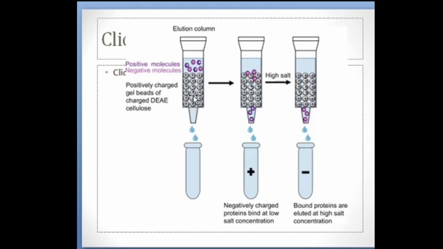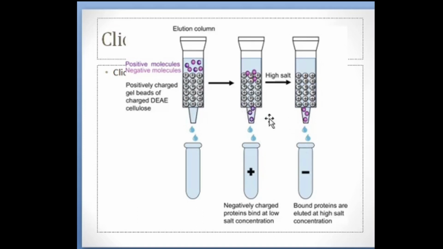Okay, so this is the stationary phase, composed of these positively charged gel beads. Then we apply the sample mixture from the top. Now what happens is, in the sample mixture, the negative molecules will bind with the positively charged beads in the stationary phase, whereas the positive molecules will repel, will not bind, and will elute out first.